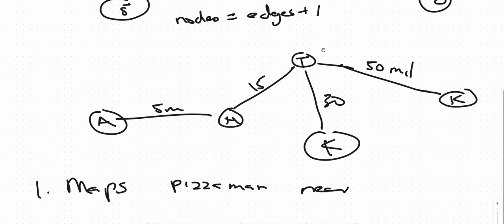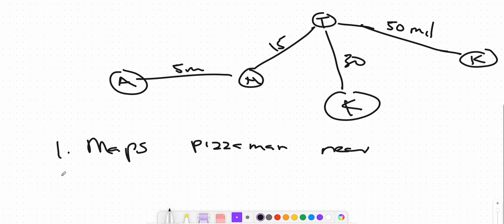The graph algorithm determines that this pizza place is 5 miles away from you, that one is 3 miles away from you. And Google Maps will also offer alternatives and make similar estimates, right? It will offer different routes, and say it will take you this amount of time. So graph data structure is used there.